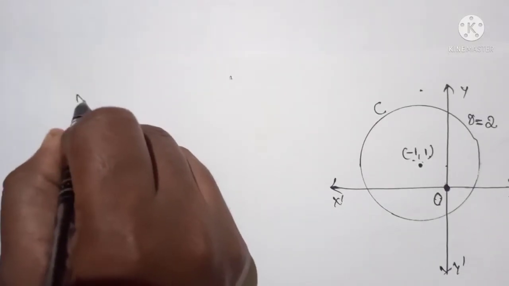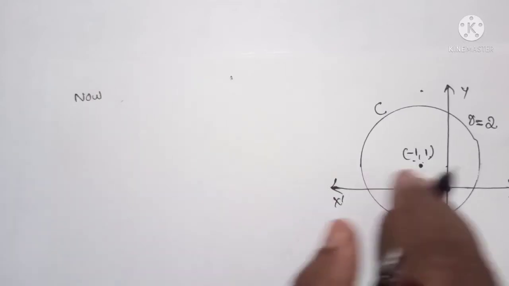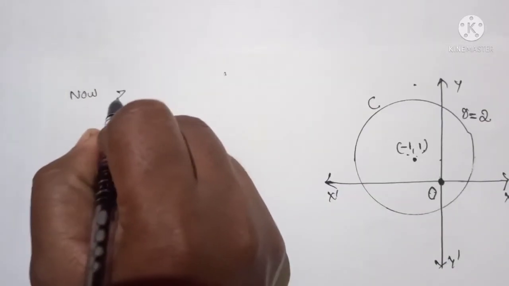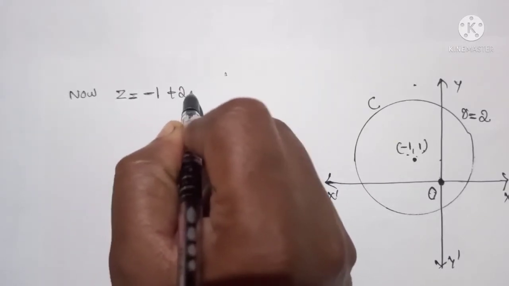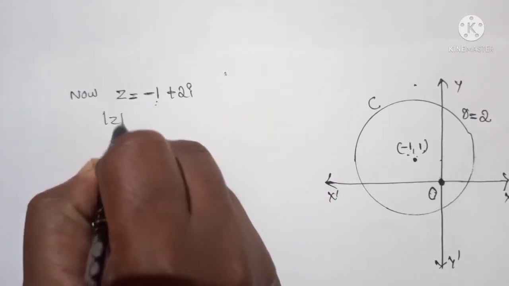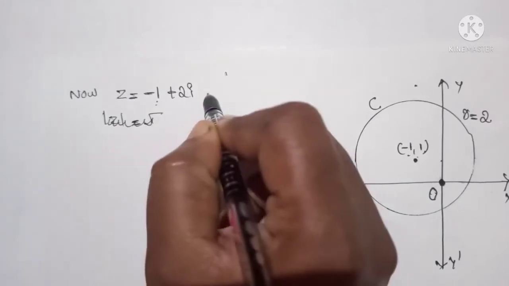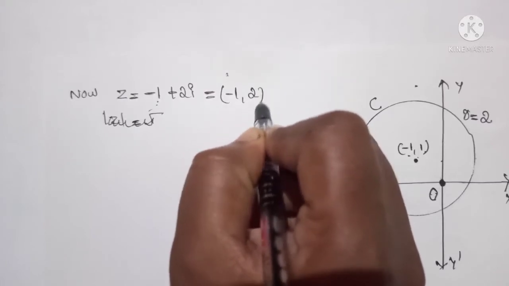Now we shall see whether these two points of singularity, that is the poles, lie inside or outside the circle. You can observe that z equals minus 1 plus 2i, represented in point form, is minus 1 comma 2.